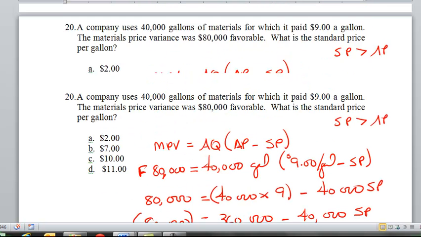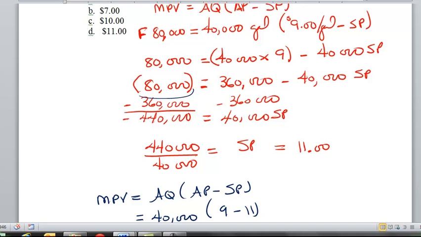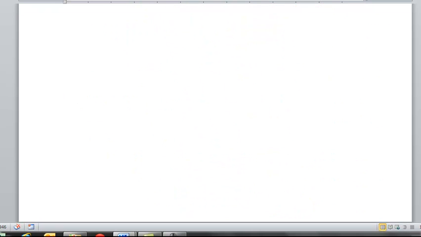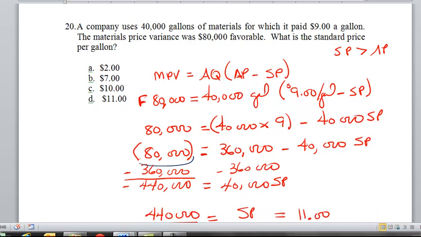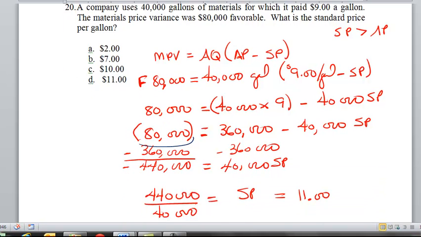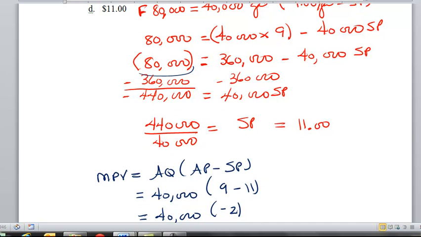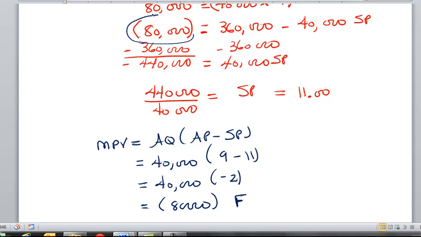Which means when it's negative, I told you we had a negative variance there, just like we solved it here.